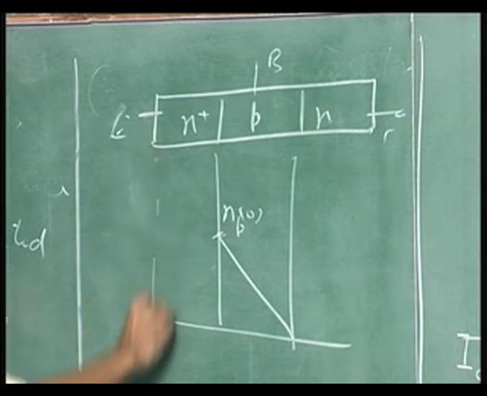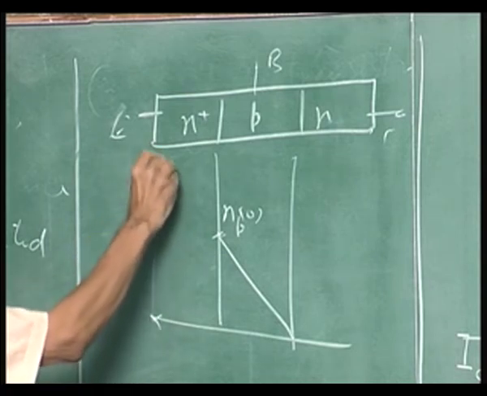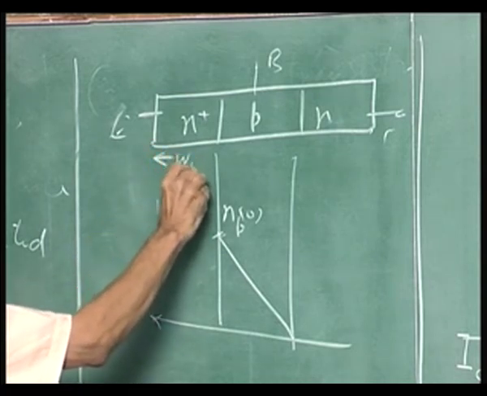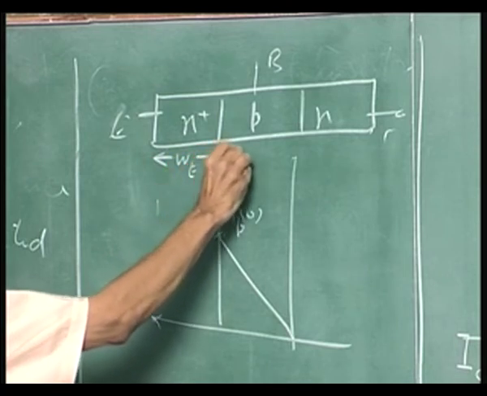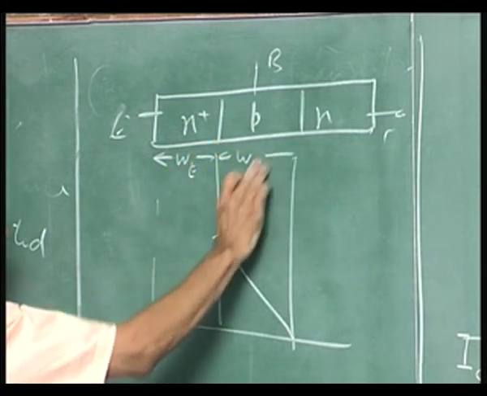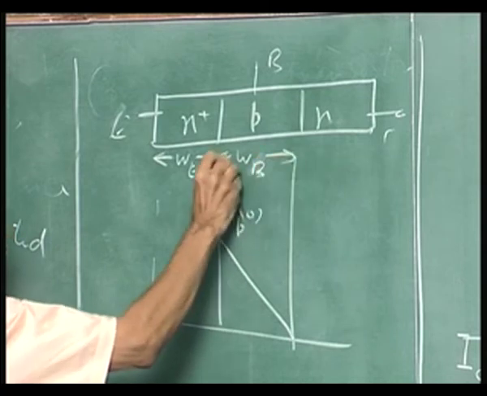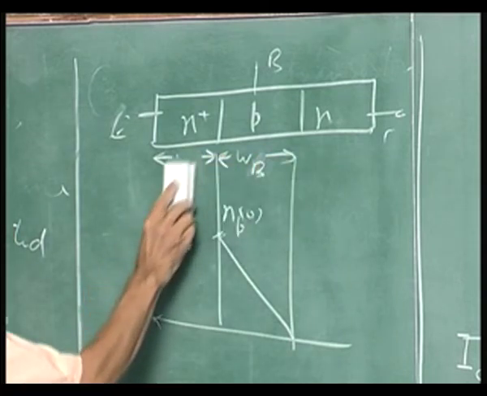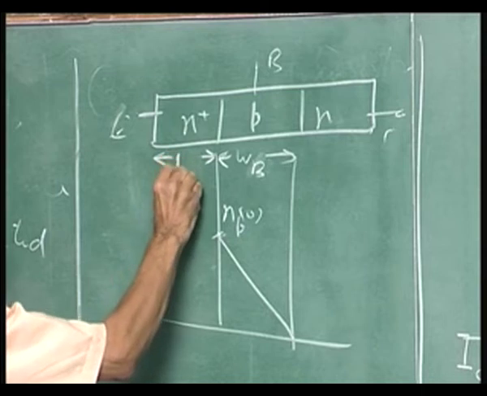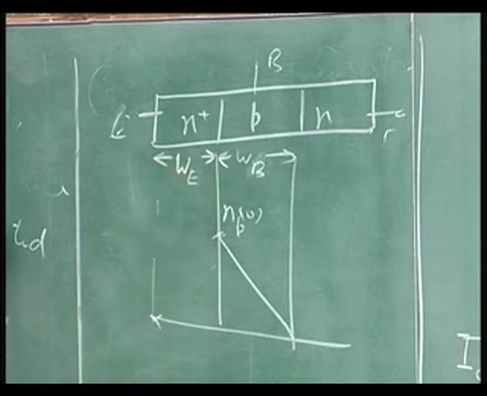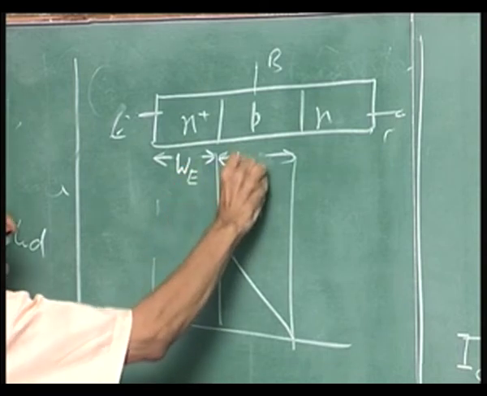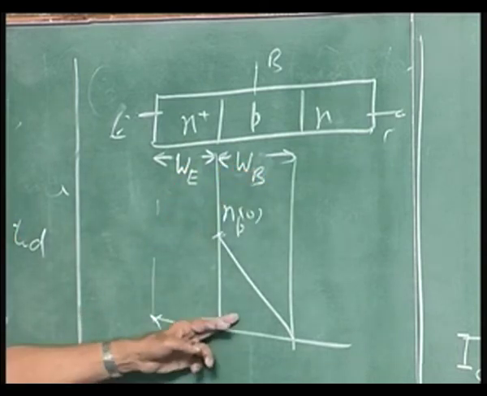And here I will take this width WE, small. I think that may not be visible properly for you there, WE, and this is WB.